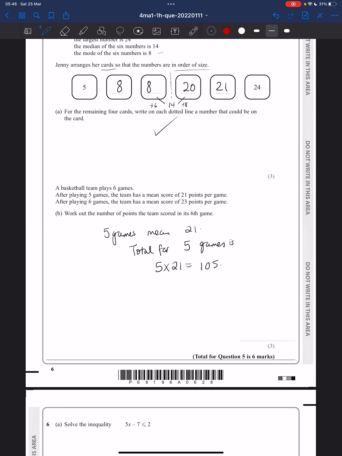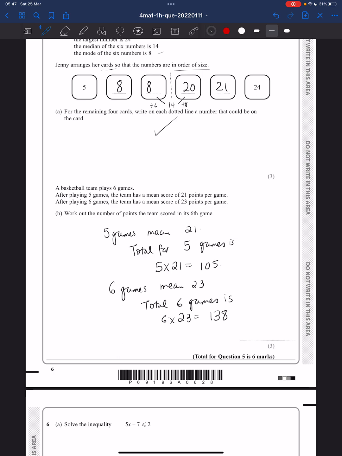After 6 games, it's 23 points per game. 6 games, the mean is 23. So the total for the 6 games, don't need to do all this writing on the day, 6 times 23 is 138.